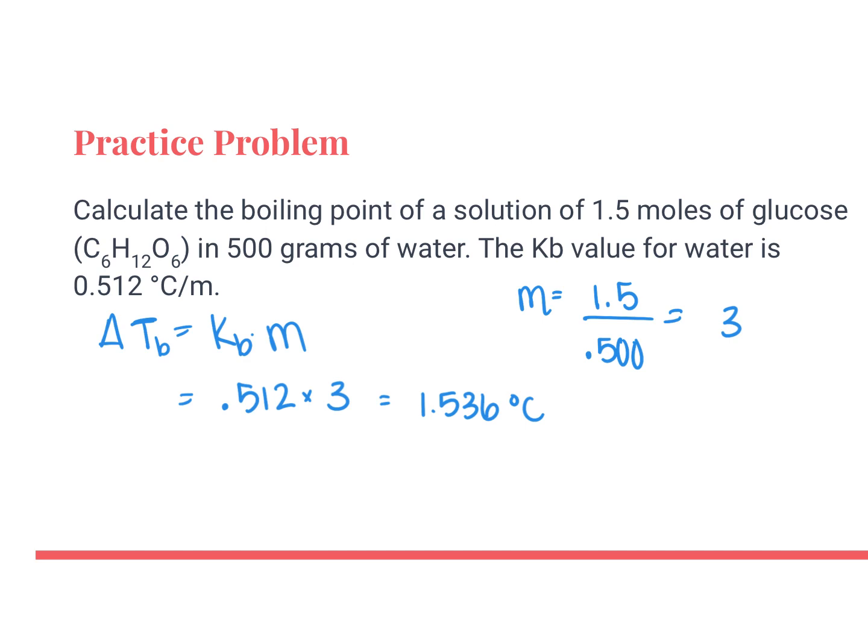So that means by adding 1.5 moles of glucose to 500 grams of water, you increase the boiling point by 1.5 degrees Celsius. Now this one's asking for the boiling point. So for the boiling point, we're just going to take the normal boiling point of water, and we're just adding it to that change in the boiling point.